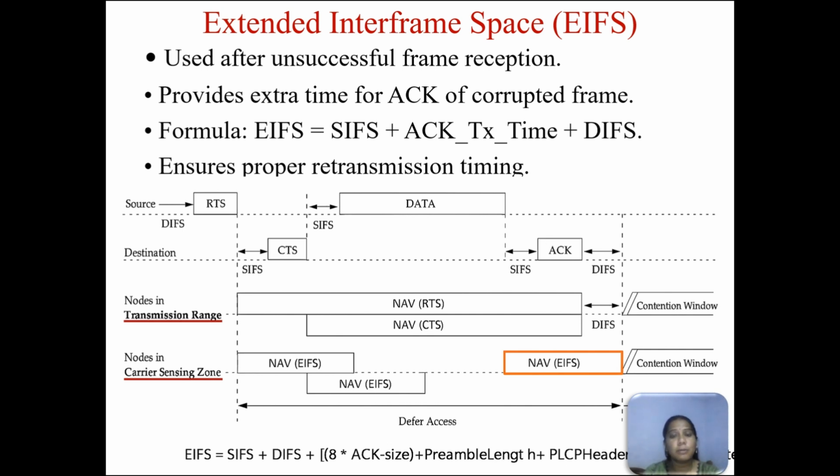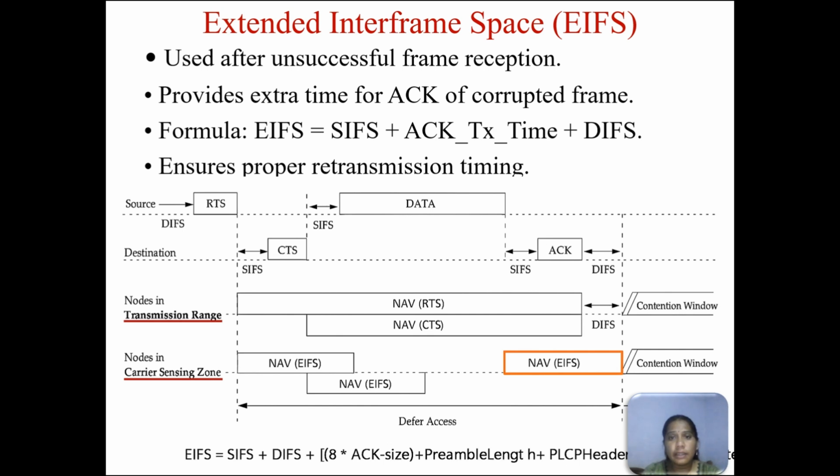Here, let me discuss the extended interframe spacing. Normally after receiving a correct frame, a station would wait for the DIFS before transmitting again. But if a frame is received with error or corruption, the station instead waits for an extra interframe spacing, which is known as EIFS.